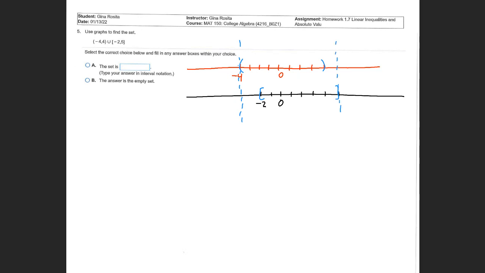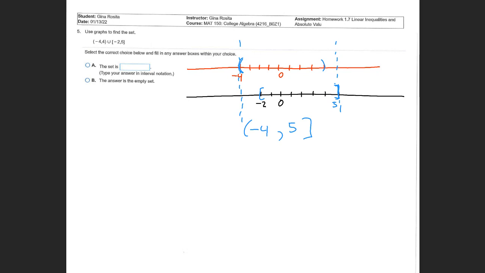The first one is open, so open from -4 to where? This is 5, and it is closed. So we can see the interval notation: open -4 to 5, closed.